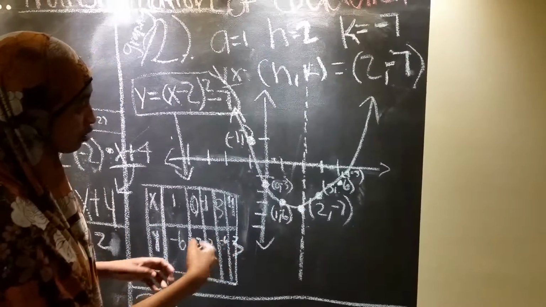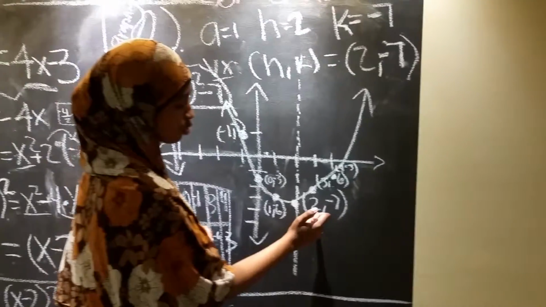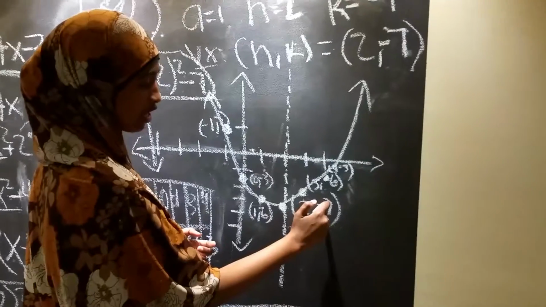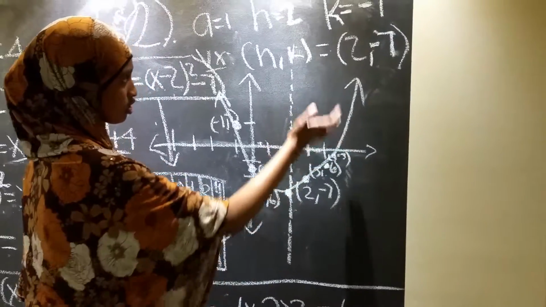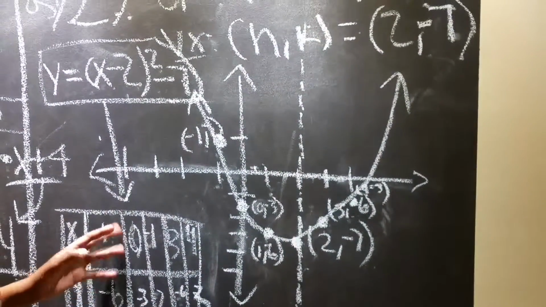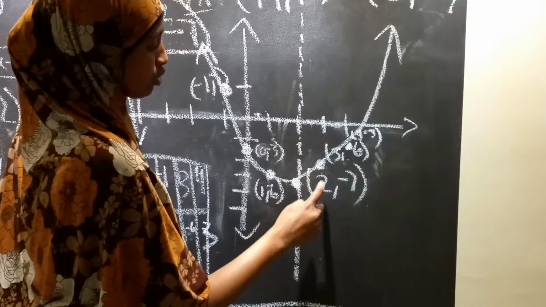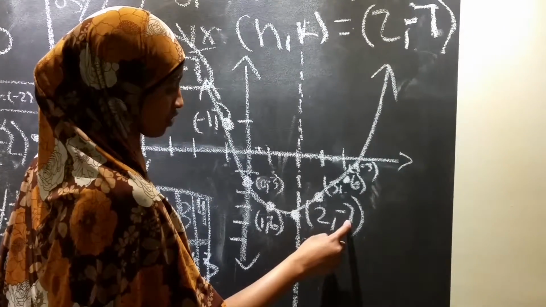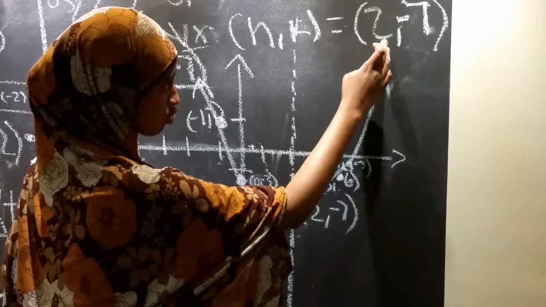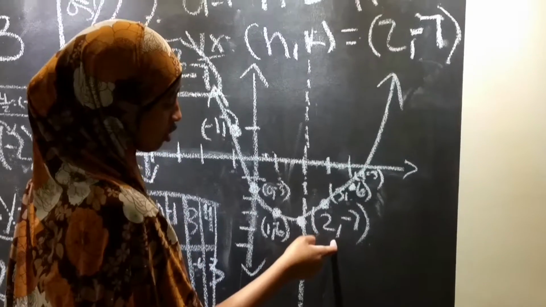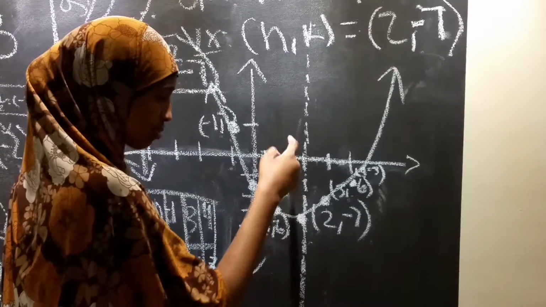Then you go back to what you already got, which is 2, the h, and negative 7, your k. You have to use your vertex point, which is 2, negative 7. After you do that, you draw a line, which is your axis of symmetry.